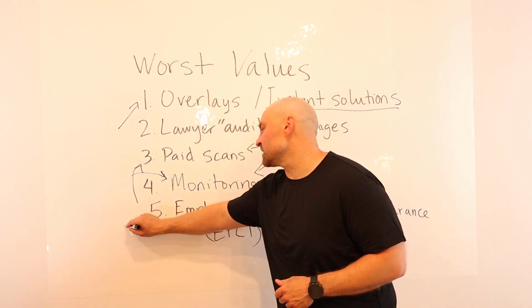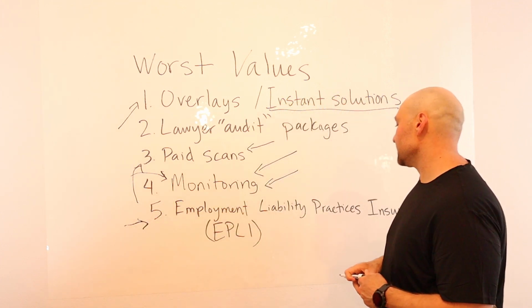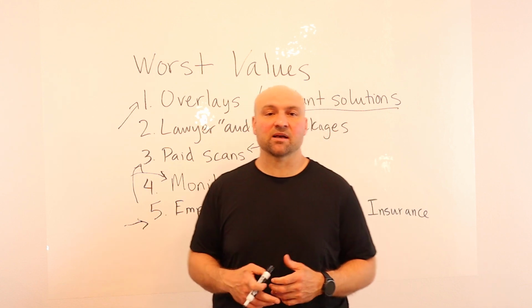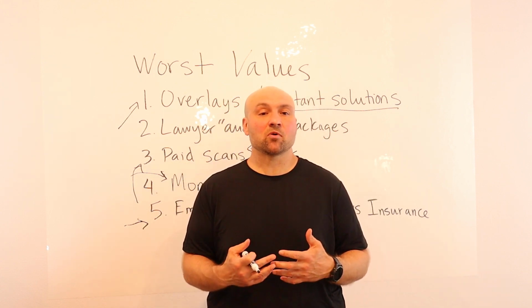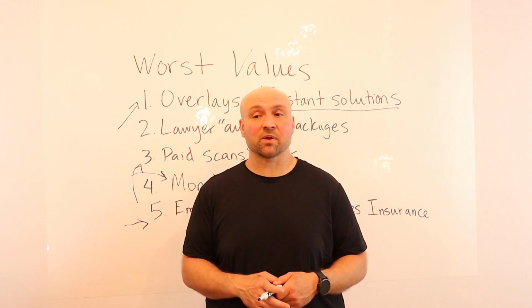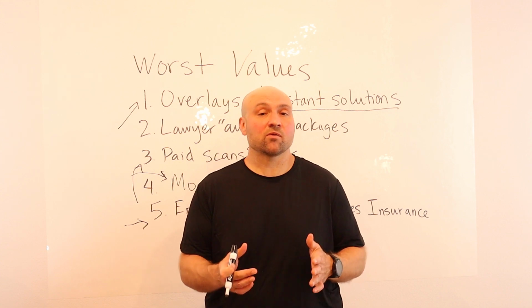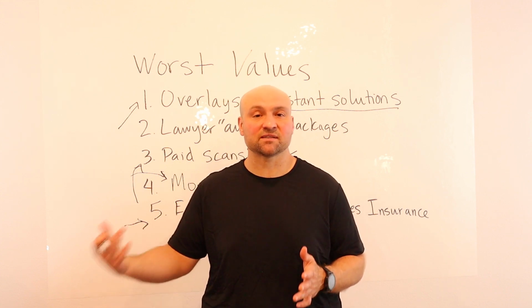And then last on this list is Employment Practices Liability Insurance, otherwise known as EPLI. Insurance is attractive. Many people would like to insure against litigation because it is so rampant, and nobody wants to face the cost of litigation without having something to offset that.